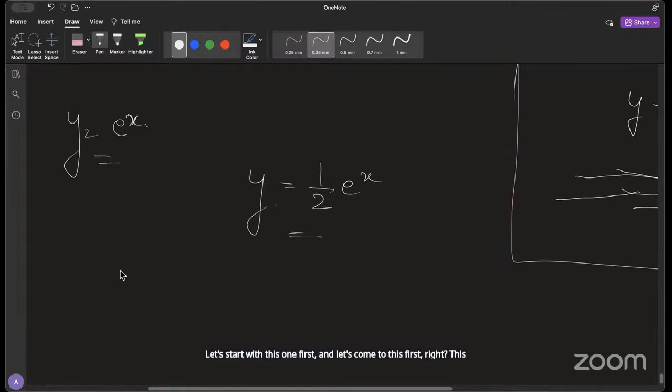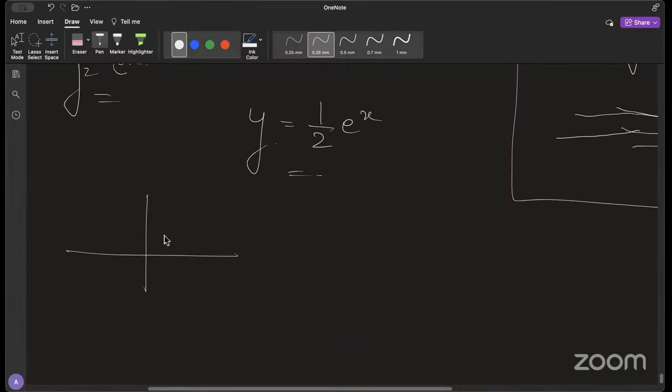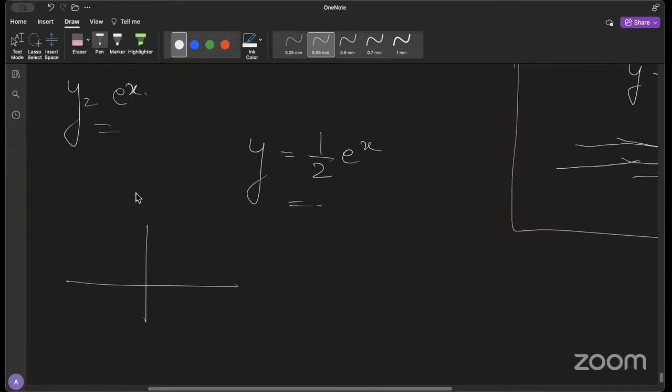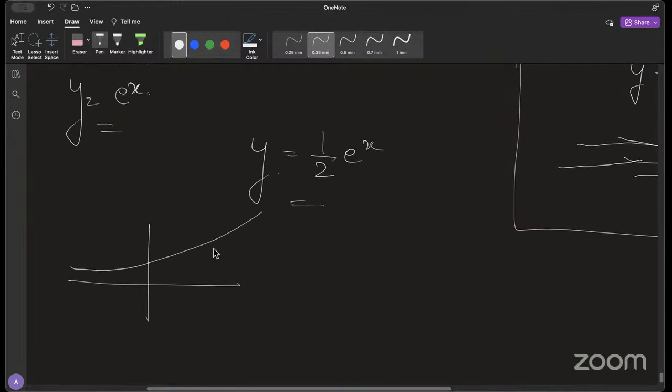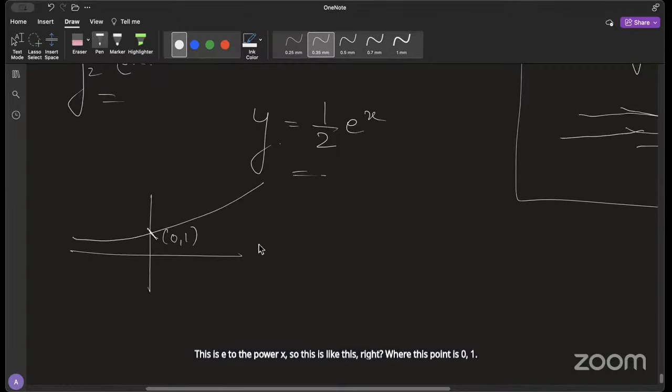This is e to the power x. So this is like this, right? Where this point is 0, 1. Now, if I have this thing, this is going to remain the same.